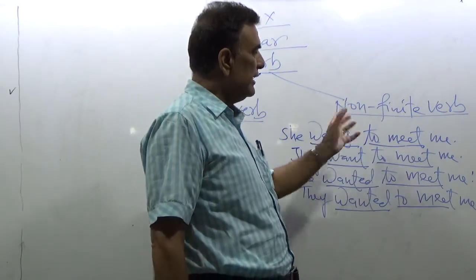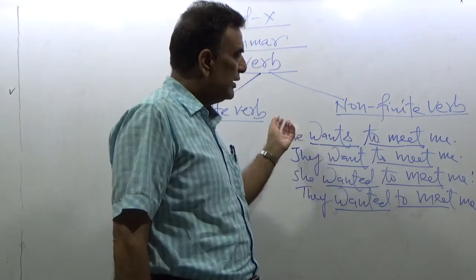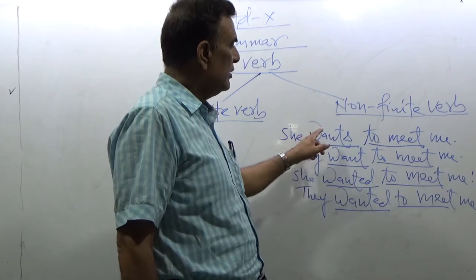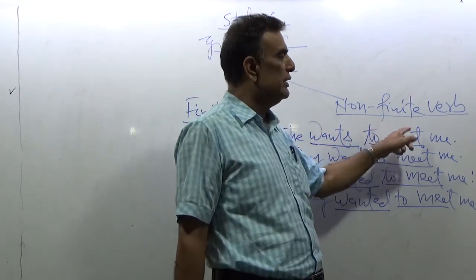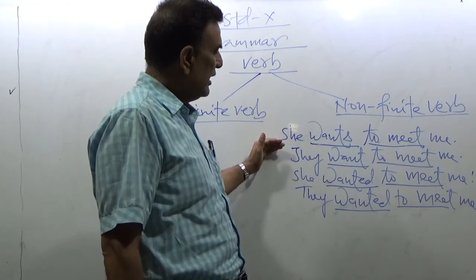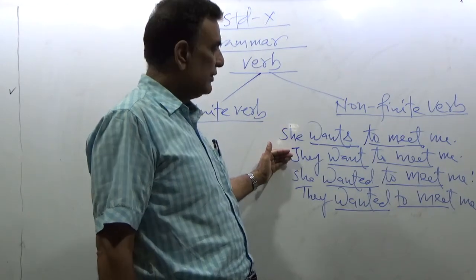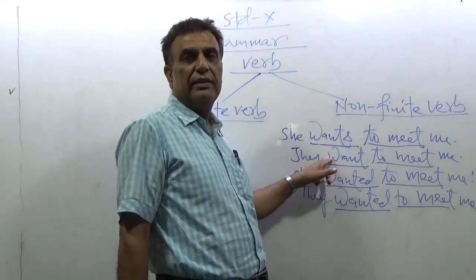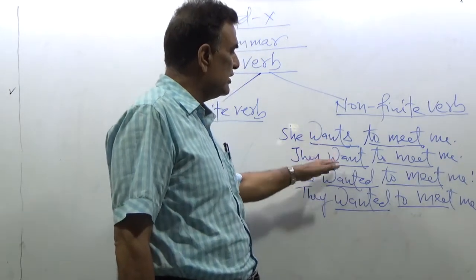Now see the characteristic of these two verbs. She wants to meet me. When the subject is changed and she becomes they, wants becomes want.